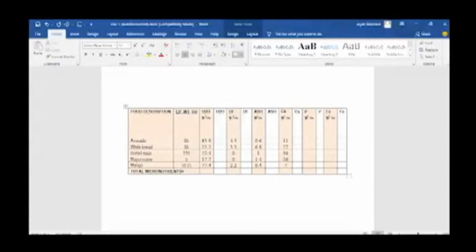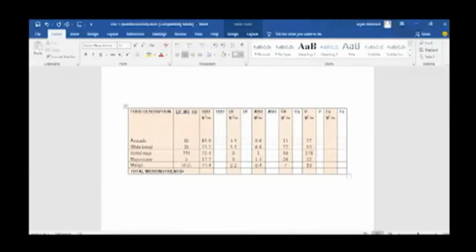Then for phosphorus we have 37 for avocado, white bread 95, eggs 178, 22 for mayonnaise, and 10 for mango.